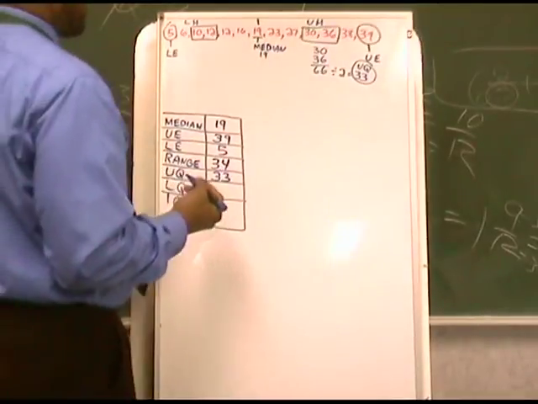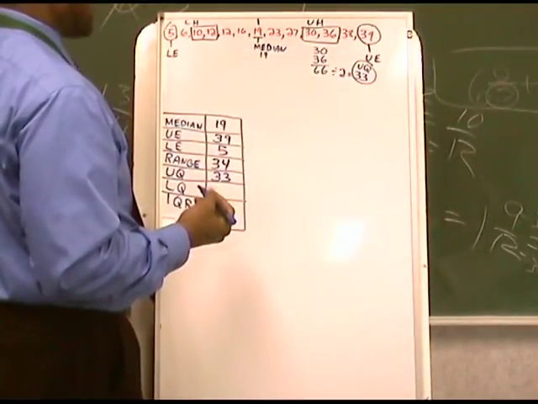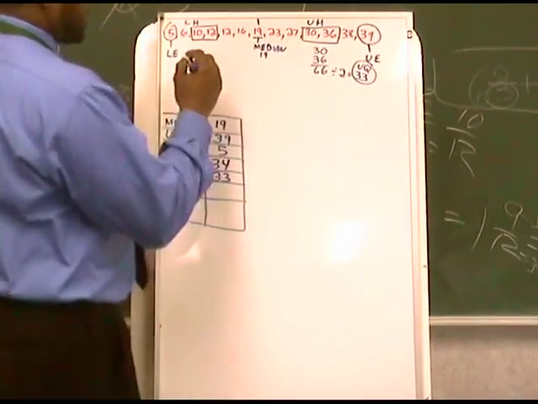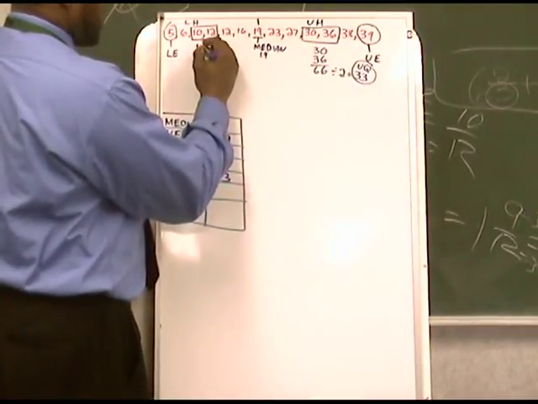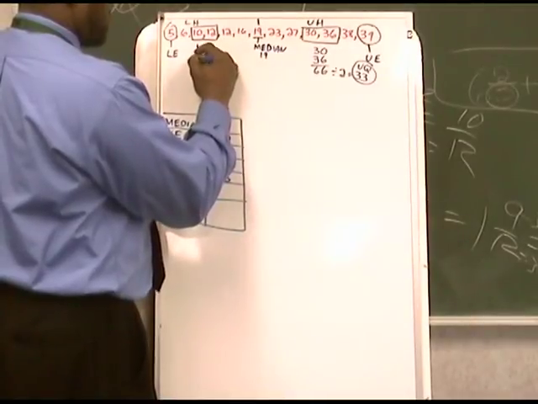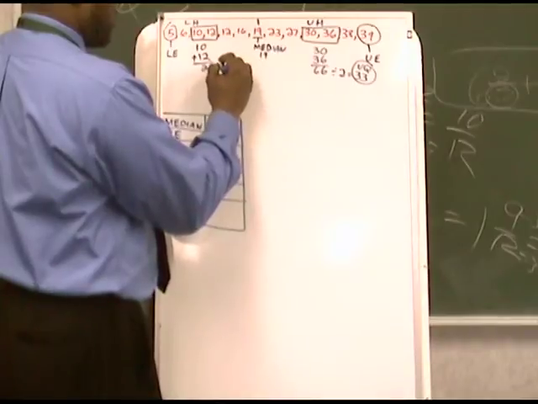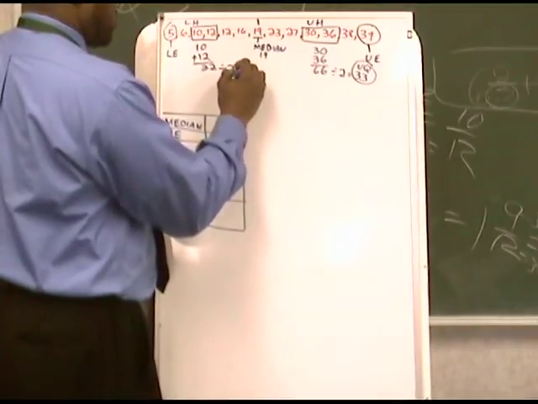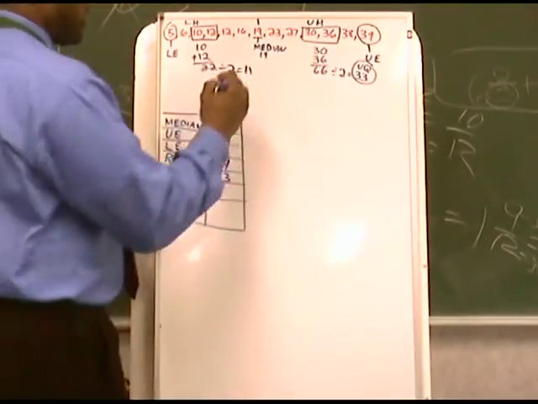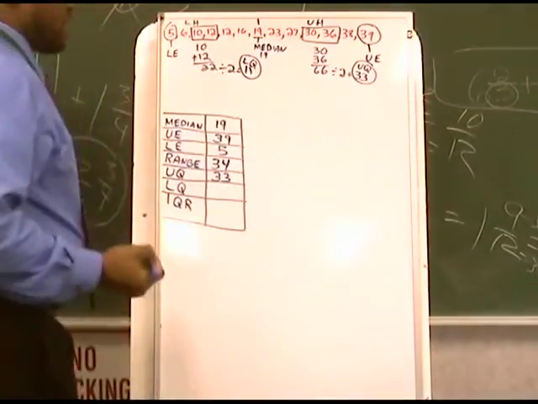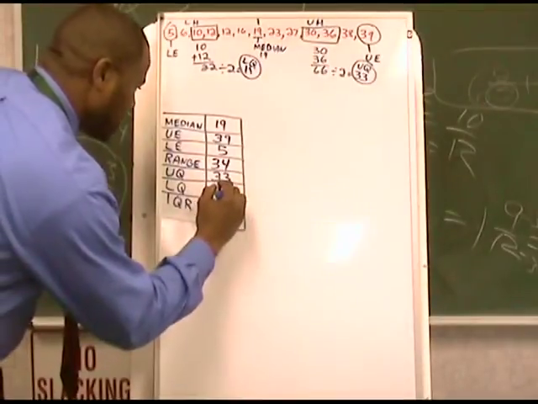Now, the average of the lower half, or the median of the lower half, is 10 plus 12, which is 22, divided by 2, and that equals 11. The lower quartile is 11. Let's put that in.